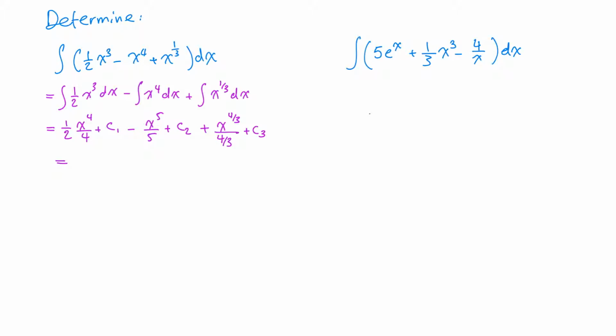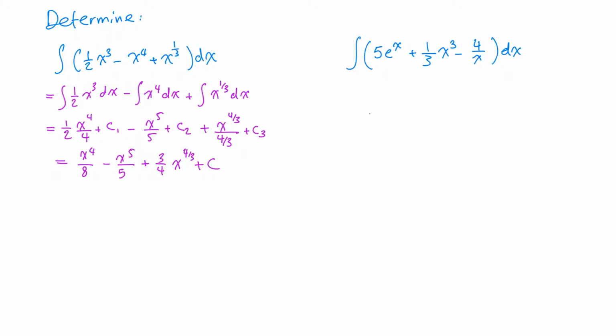So x to the 4 over 8 minus x to the 5 over 5 plus, and here the denominator is 4 over 3, so I can change this to 3 over 4 x to the 4 over 3. So this becomes 3 over 4 x to the 4 over 3 plus a constant value of c.